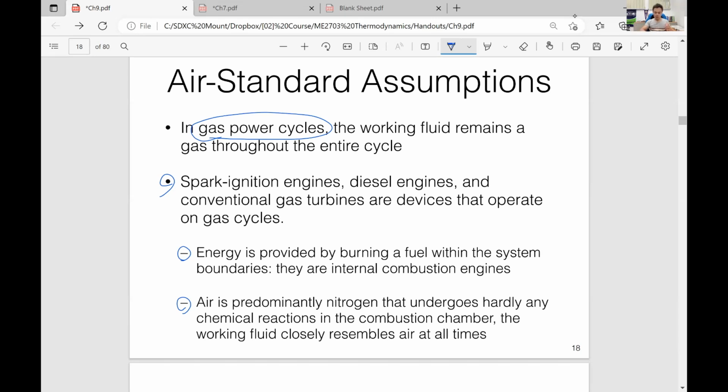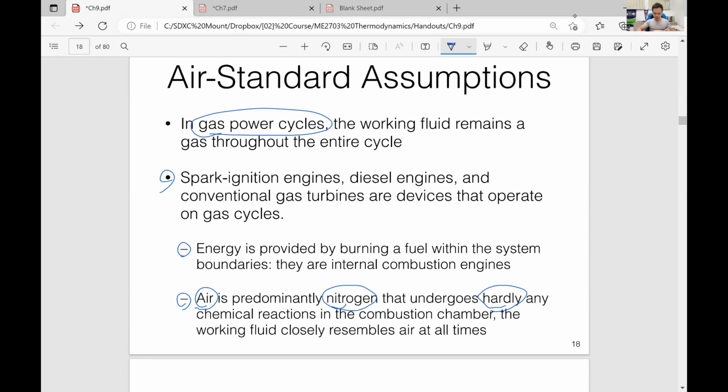Nitrogen takes most of the air, and nitrogen is very difficult to have chemical reactions in the combustion process. So that's why we assume the air remains air. We don't change the composition of air even after combustion.